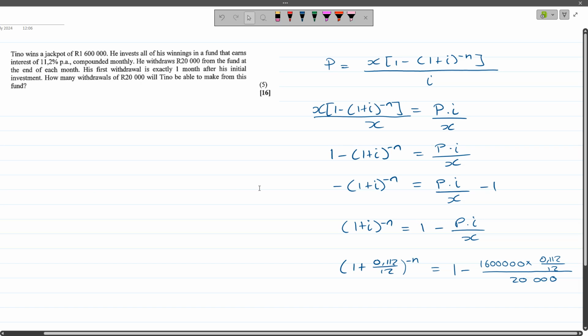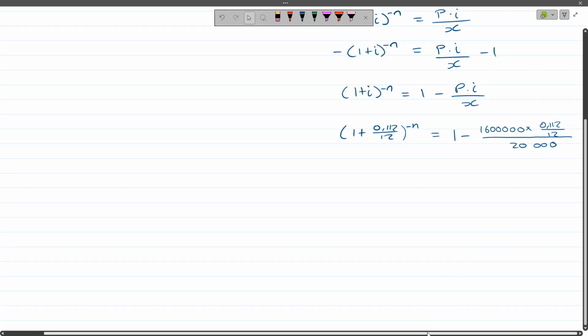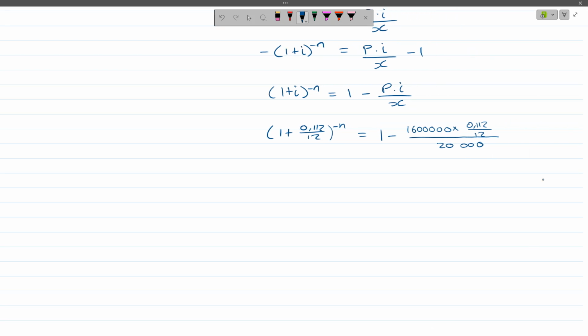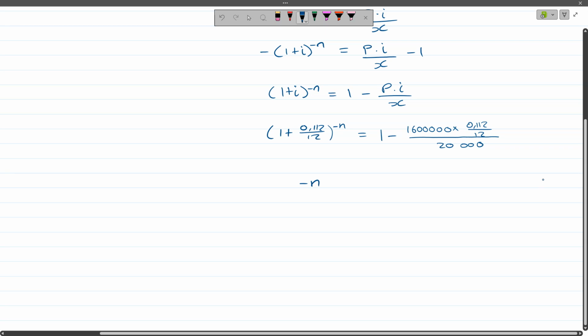Then at this point you are now welcome to use your logarithmic functions. So using logs, we can rewrite it as minus n is equal to the log of the base, which is 1 plus 0.112 over 12.